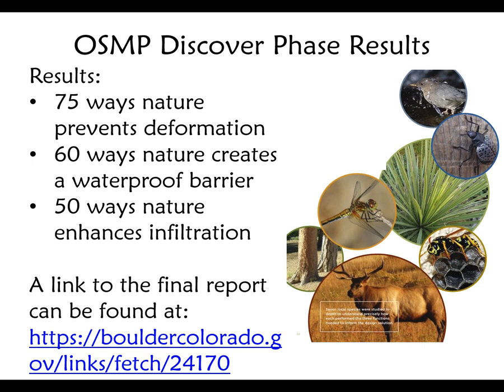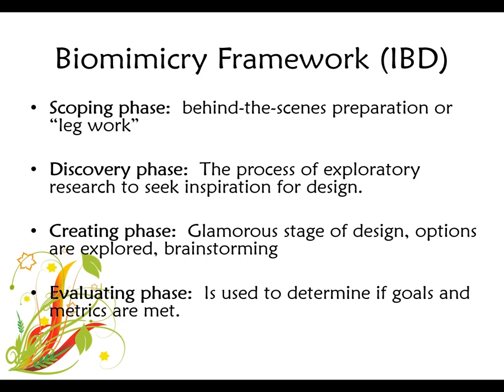Another approach is to look at what kind and how much information is available from each of the organisms and select organisms that have the most available information about how the function is achieved in nature. The project team eliminated enhanced infiltration as a function to move to the next phase of the project, since OSMP prefers to use vegetation to enhance infiltration, and the team wanted to use their limited contract dollars to dive deeper into the other two functions.